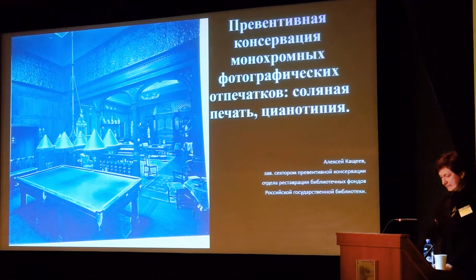And in this case, the common is the paper carrier, but the chemical basis of the image is different. It is calotype and salt print using silver salts and cyanotype using iron salts.